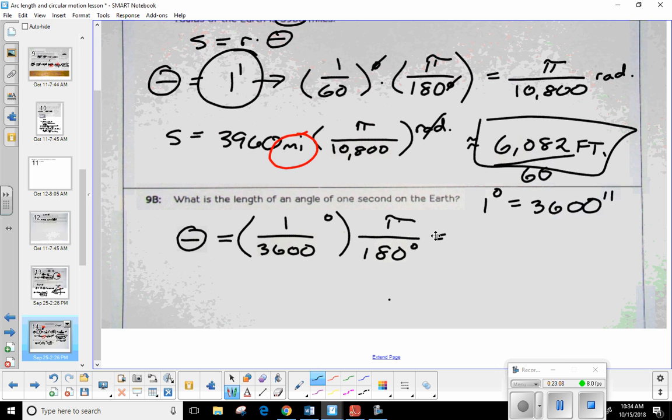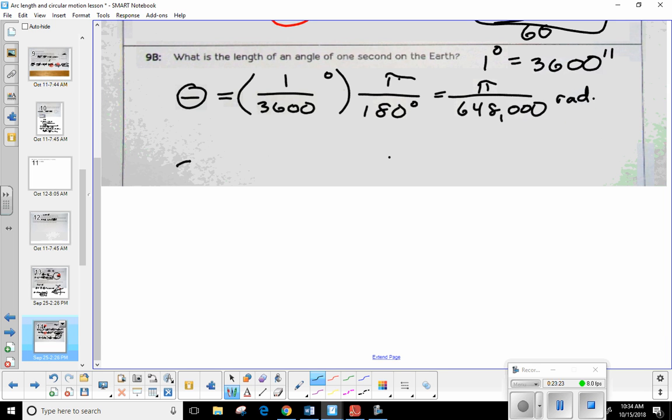Let's see here. 648,000. So pi over 648,000 radians. The 3,600 times the 180. Okay, degrees cancel. So now I'm going to go ahead and take the arc length, the 3960 miles, times the number of radians, pi over 648,000 radians. And remember, now that we have a unit of measurement, the radians are gone.